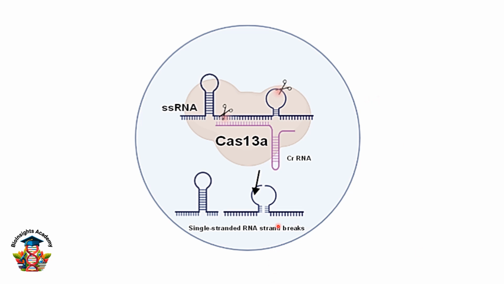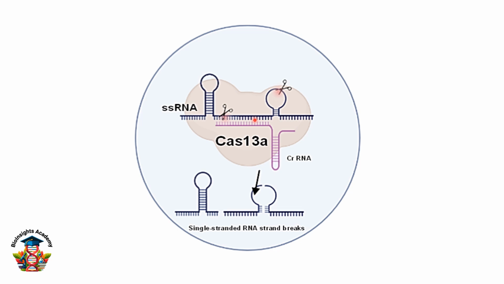Cas13a uses a CRISPR RNA, crRNA, to guide it to the target RNA sequence, and it consists of a direct repeat, a sequence that helps in the formation of a complex with Cas13a, and a spacer sequence approximately 20 to 30 nucleotides long, complementary to the target RNA sequence.